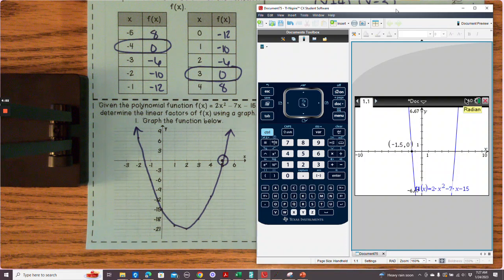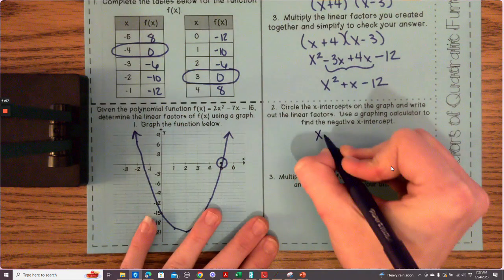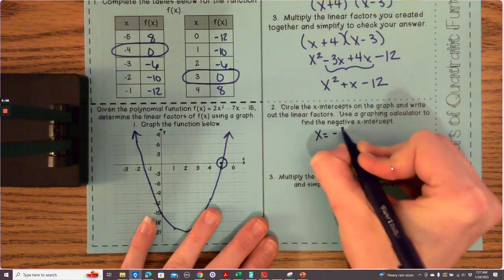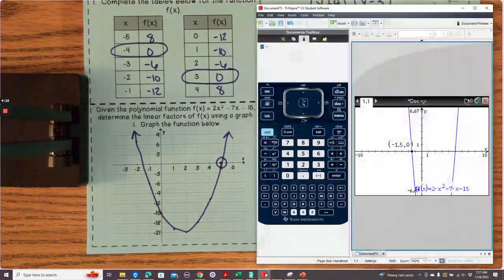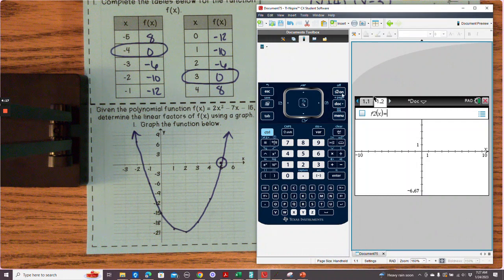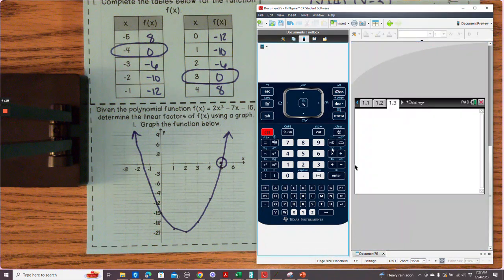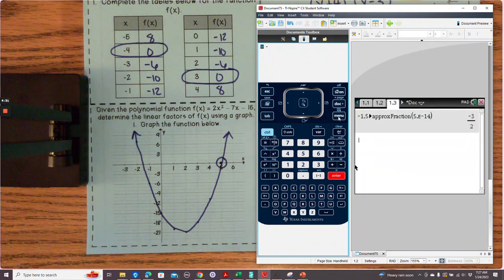So my factors here, negative 1.5 as a fraction is negative 3 over 2. You do need that in fraction form. To change it to a fraction, if I do negative 1.5, I can do menu 2, and it will change it into fraction form.